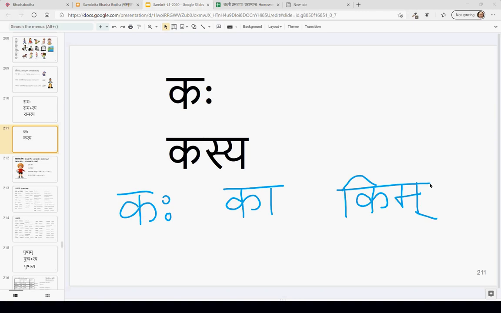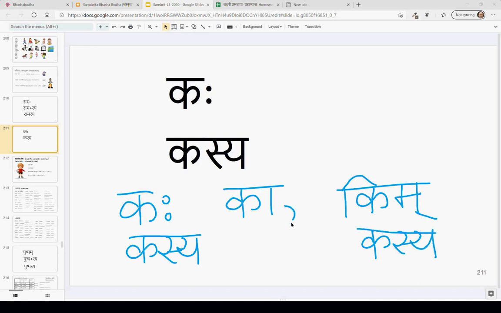Their corresponding Shashti Bhakti forms: Kaha becomes Kasya, Kim also becomes Kasya, but Ka becomes Kasyaha.